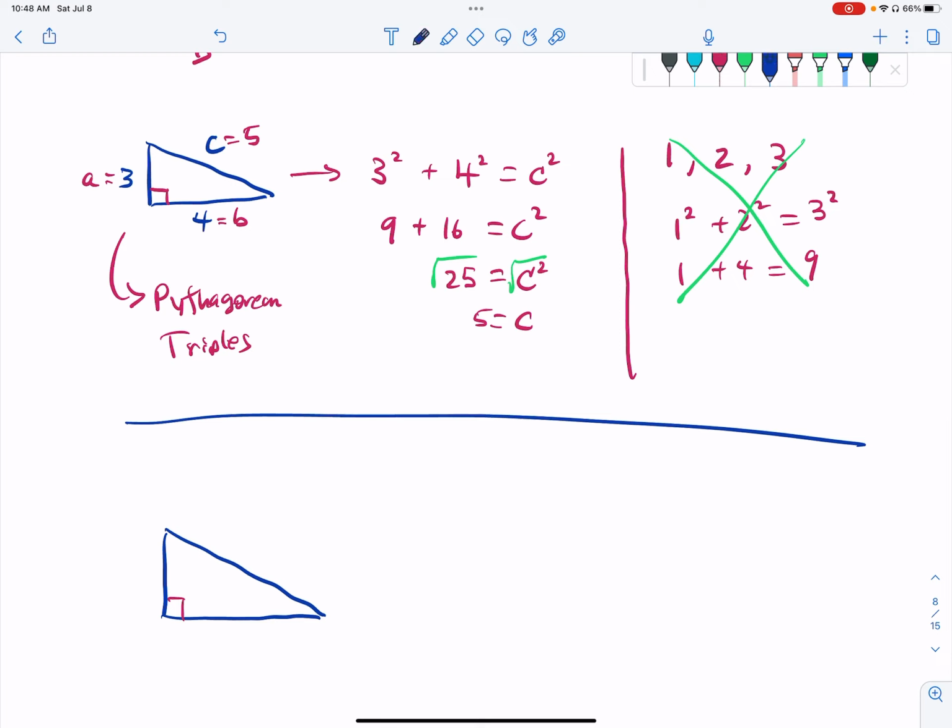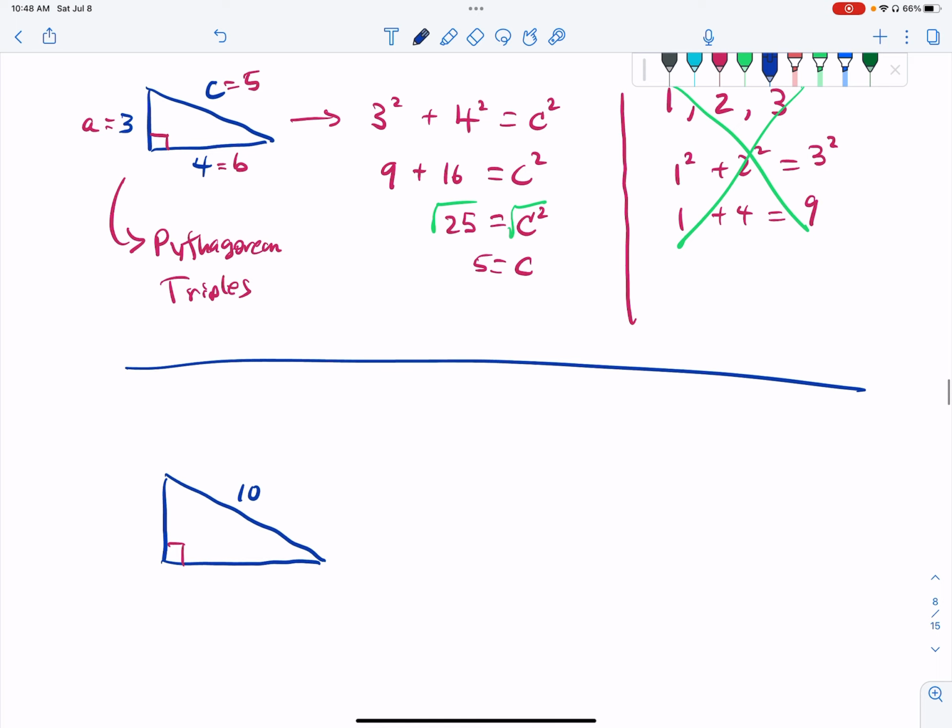This time I'm going to make my hypotenuse equal to, let's see, how about something along the lines of 10? And then let's say that one of my sides here is equal to 8. And then we want to find out what this other missing side is, which I'll just go ahead and call an A. It could have been a B, could have been an X, it doesn't really matter, it's a variable.